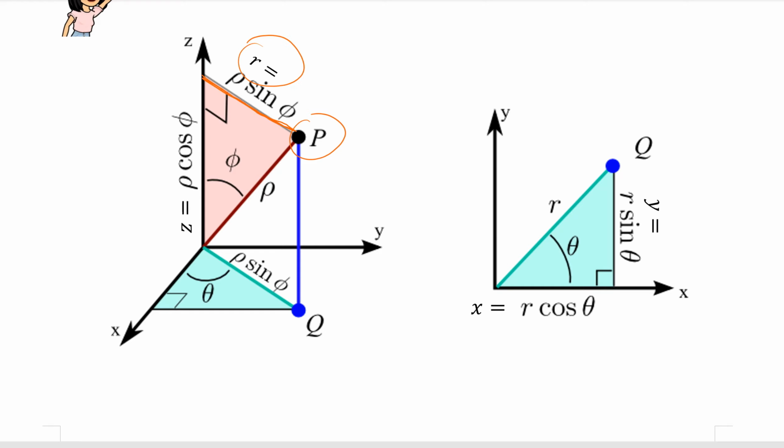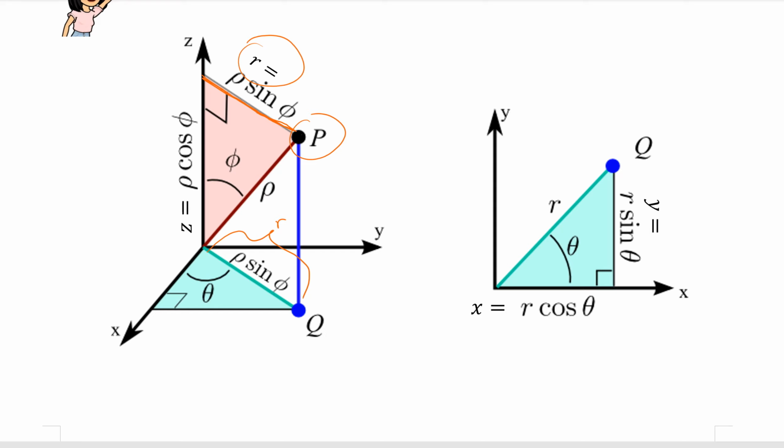Okay, so this is the r. If we project this point down to the xy plane, we get the point Q, right? And then r is the distance from Q to the origin. Okay, so this is r.